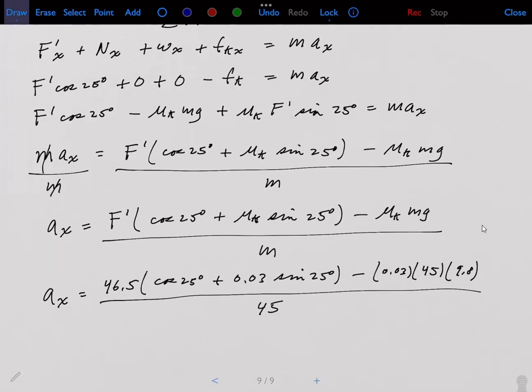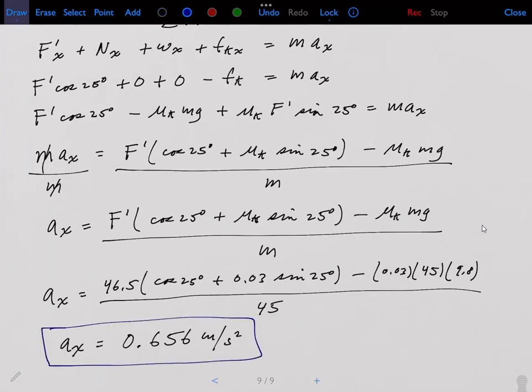So again, carefully plug that in. If you work this out, ax is going to be around 0.656 meters per second squared, right? So if you continue pulling with that same force that you needed to get it started, that would be the acceleration in the x direction, okay?